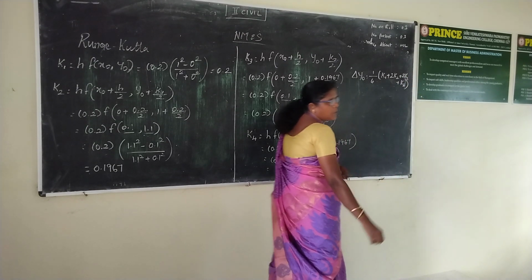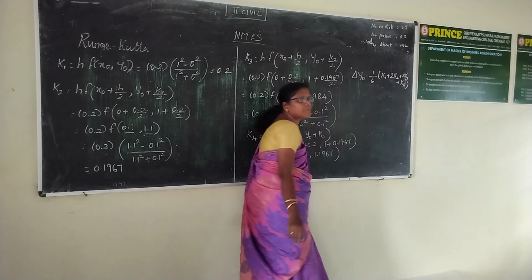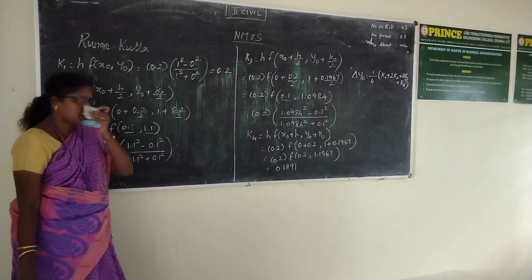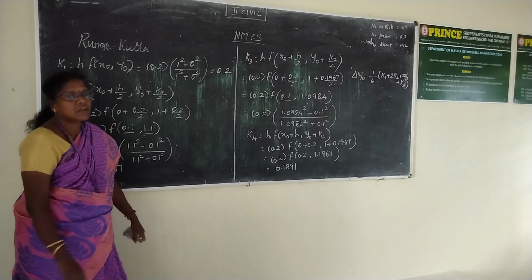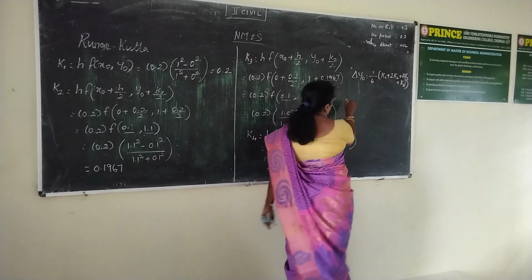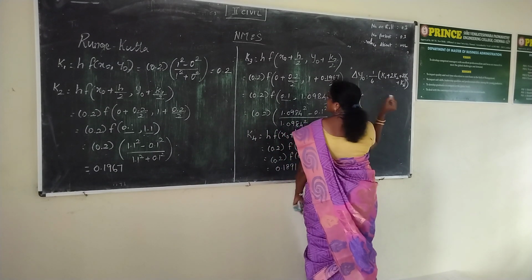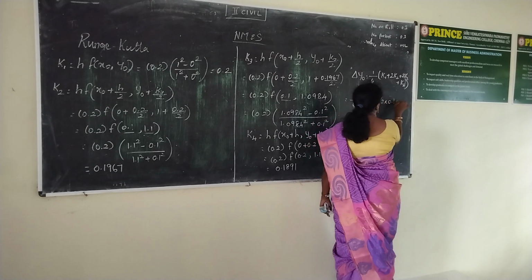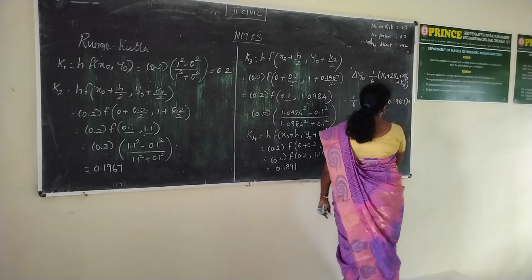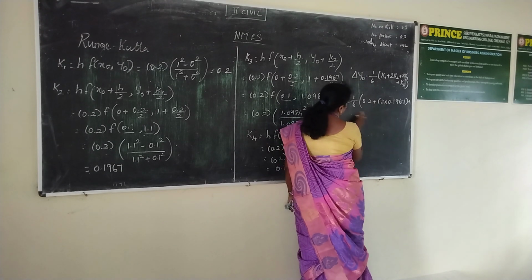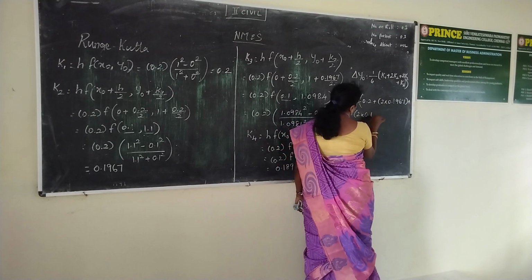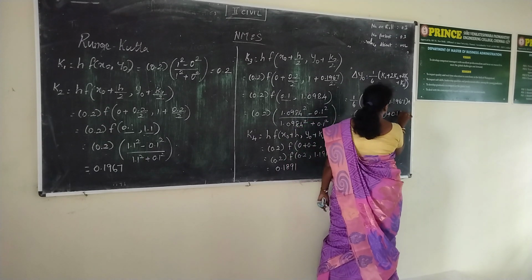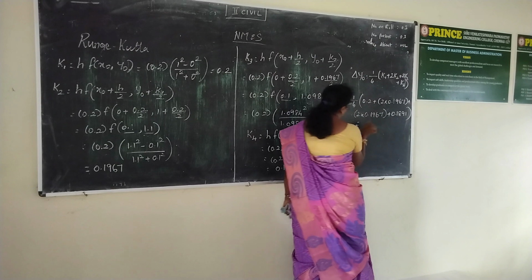Since we are finding y1, I am replacing this with y naught. Substitute and find what is del y naught. So 1 by 6 of k1 value is 0.2 plus 2 into 0.1967 plus 2 into 0.1967 plus k4 is 0.1891. Find what is del y now.